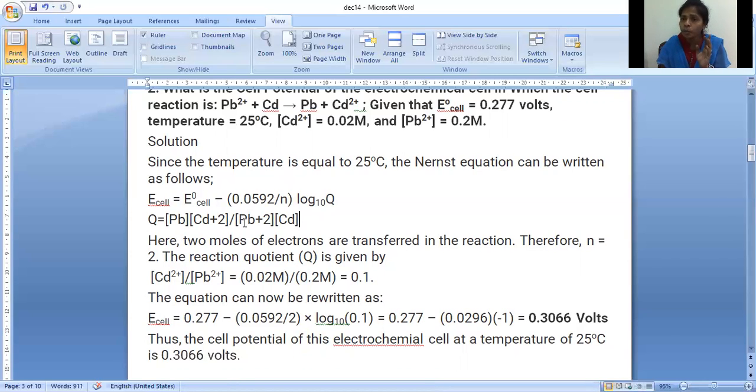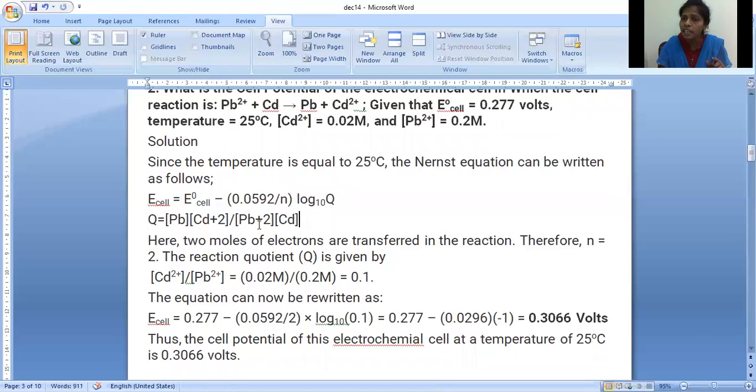If you don't remember the number of electrons, at least look at the charge. What is the charge here? 2 is the charge. So if we have Pb plus 3, Pb is losing 3 electrons. That's the reason we got Pb plus 3. If we have Pb plus 4, Pb is losing 4 electrons. That's the reason we got Pb plus 4.